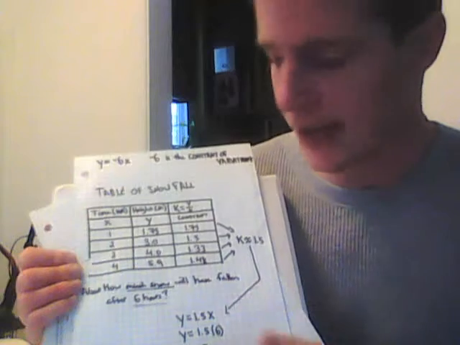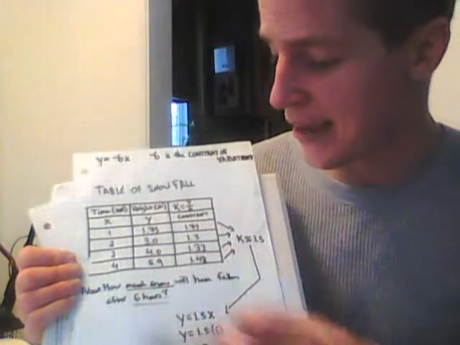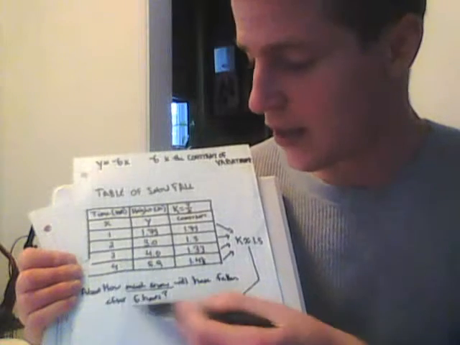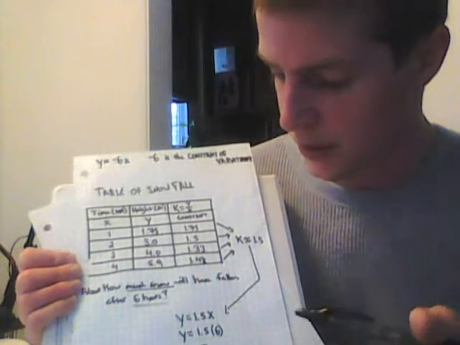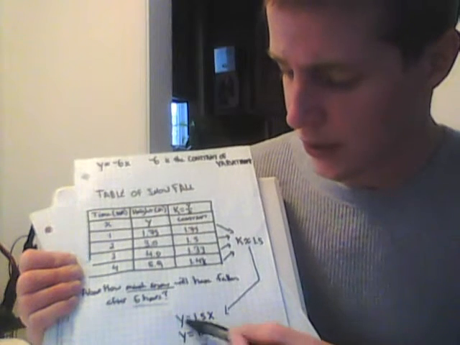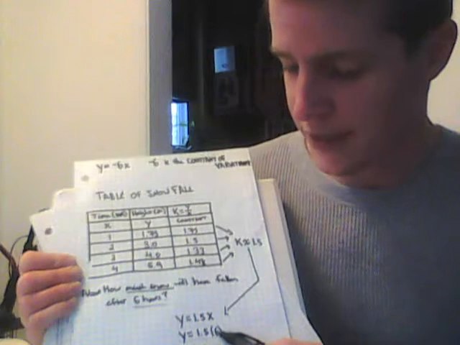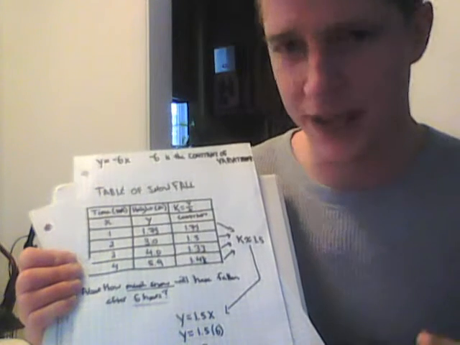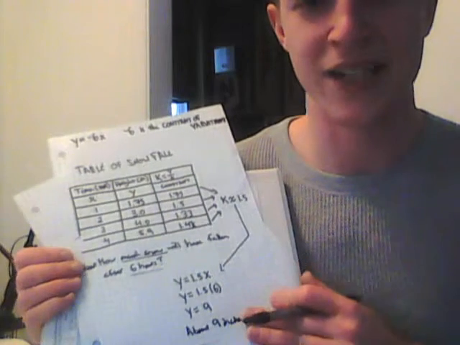So we don't know what that is, so we're going to leave it y. X is the time that's passed, and we do know what that is, right? Because it's asking after 6 hours. Bam, we can just substitute that right in. So we're going to have y equals 1.5x, substitute the 6 hours, y equals 1.5 times 6, y then would be about 9 inches. Yeah, there you go, about 9 inches.